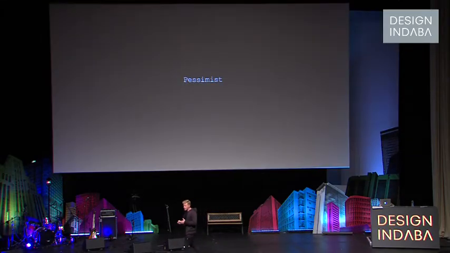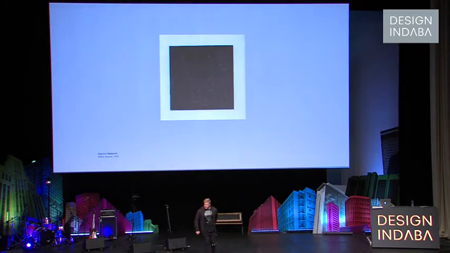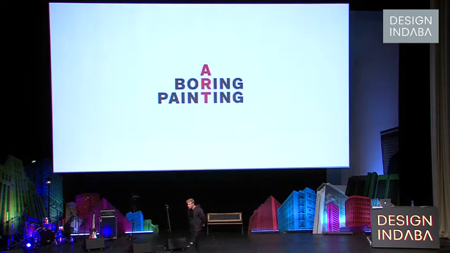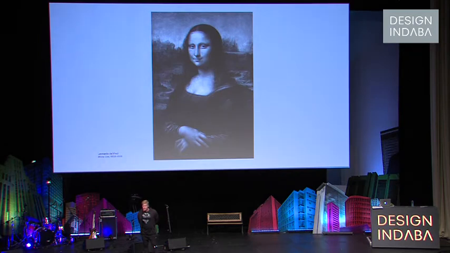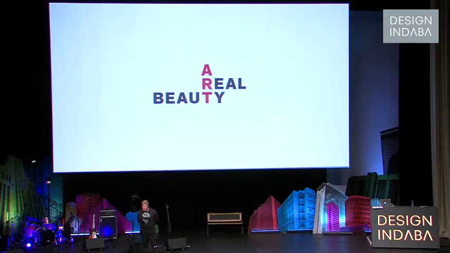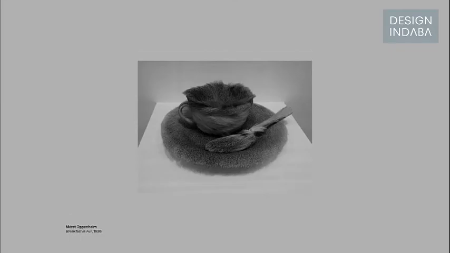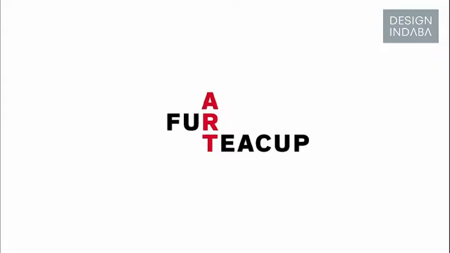So here's a quick history lesson. For the pessimist, art is a boring painting. For the optimist, art is a real beauty. For the feminist, art is a fur teacup.